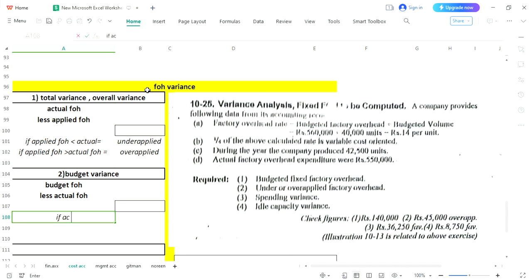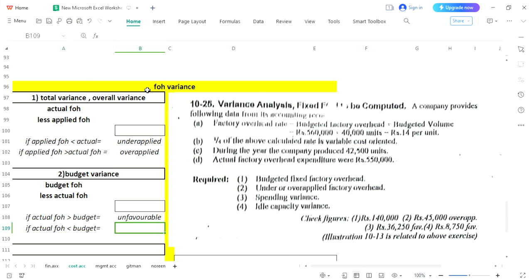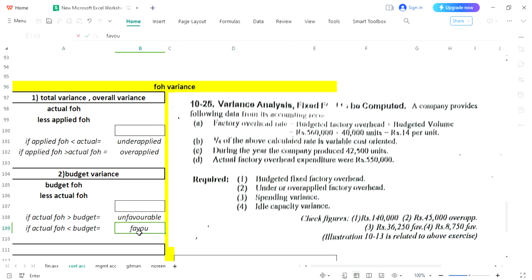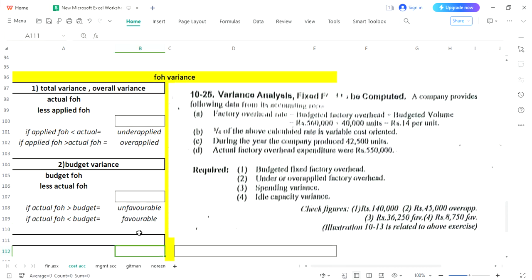If actual FH is more than your budget FH, whenever you are spending more in actual, it would go unfavorable for you. Contrary to this, if actual FH is less than your budget, that means you are spending less. So it would be good news for you and would be concluded as favorable.